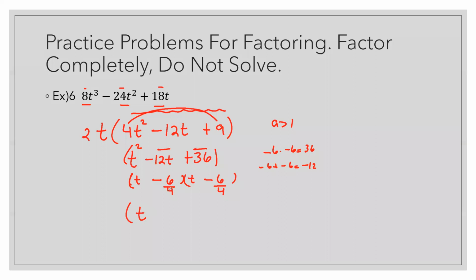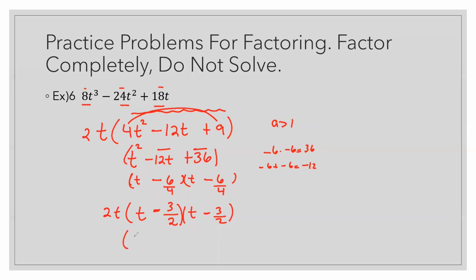Negative 6 over 4 can be reduced by 2. 6 divided by 2 is 3. 4 divided by 2 is 2. And negative 3/2 is a fraction that can't be reduced.